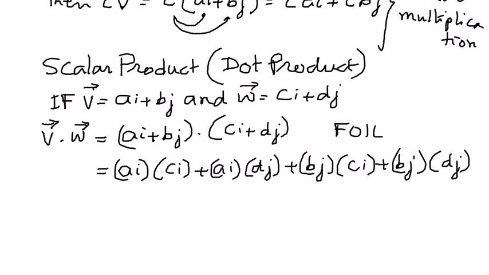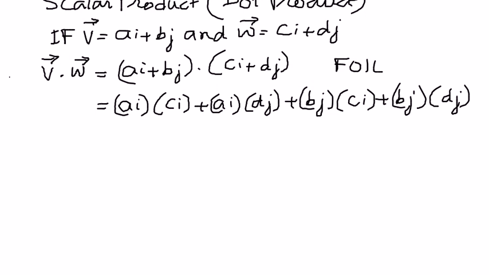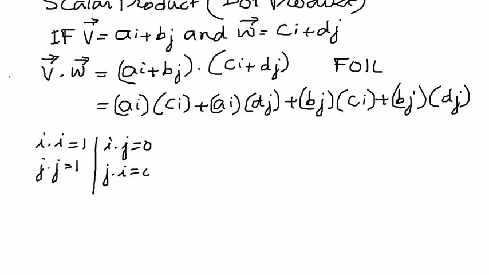Okay, and then since I dot I is equal to 1 and J dot J is equal to 1 and I dot J is equal to 0 and J dot I is equal to 0, since we know this information, we can simplify this as follows.